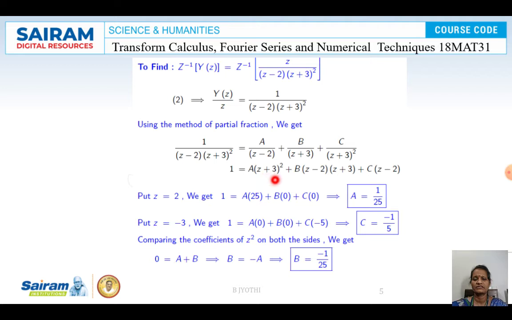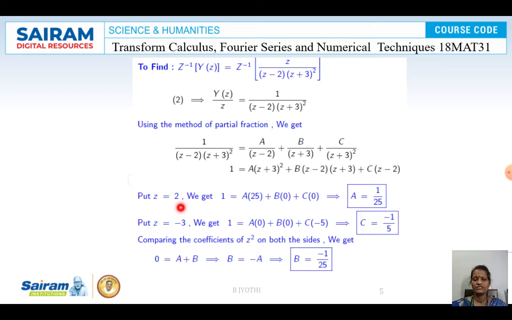Here we have a factor z plus 3, so one value is minus 3 we have to put, and another one is z minus 2, therefore we have to put z value as 2 in order to get A. But here, since it is a repeated factor, we cannot get B by substituting another value. So we can either compare the coefficients or equate z is equal to 0 and get an equation and find the values.